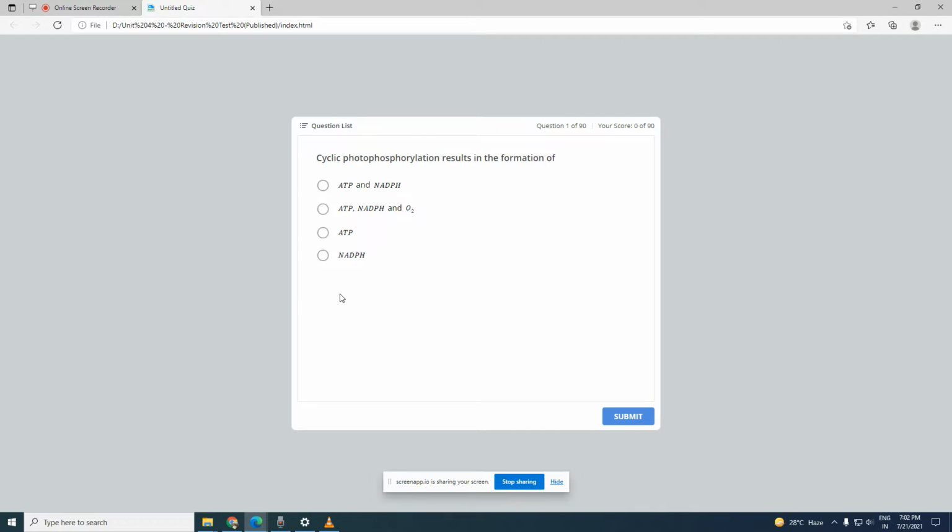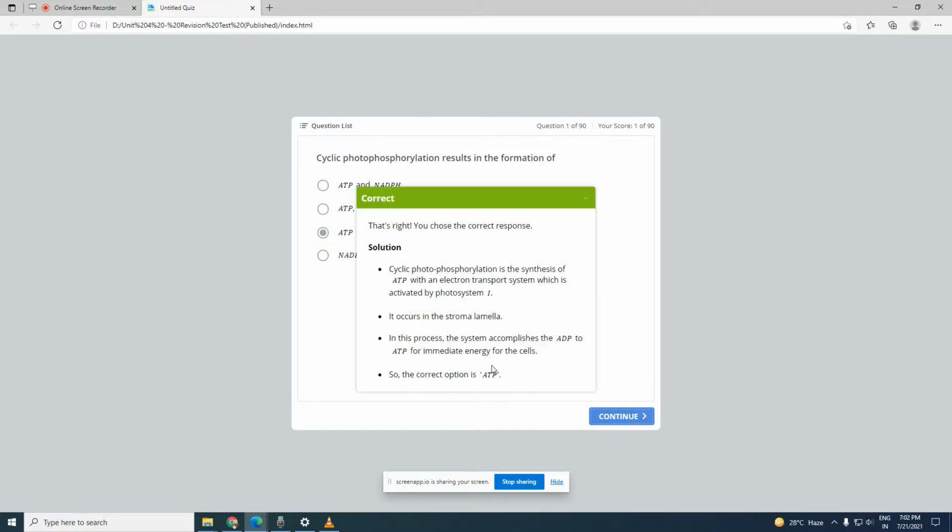So take your time and solve it. The right answer is ATP. So here is the solution, but I'm not going to discuss the solution right now. Please visit our mobile application to get the detailed answer for each and every question.